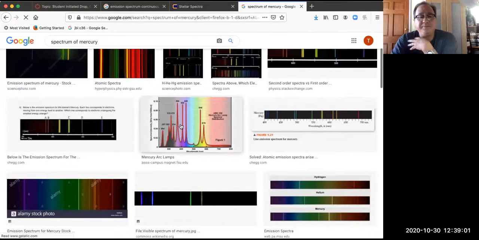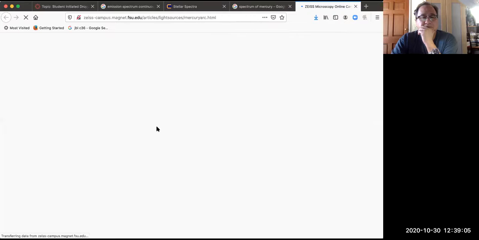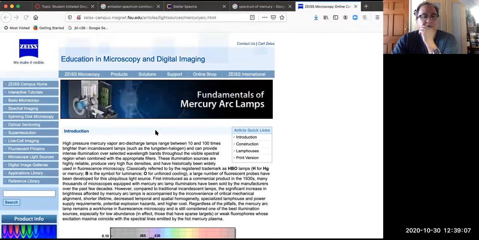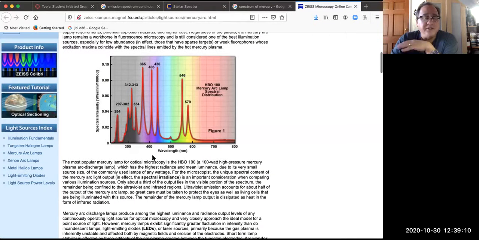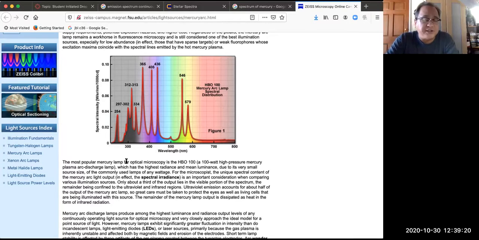Okay, so here's one. Can you see the image here of the graph in the middle of a mercury lamp? Yeah. Let me just show you what you're seeing there.